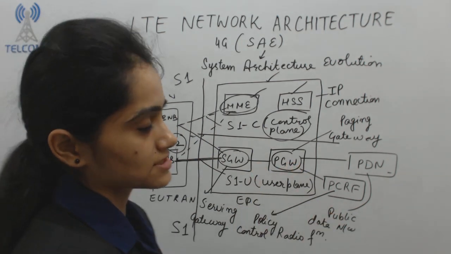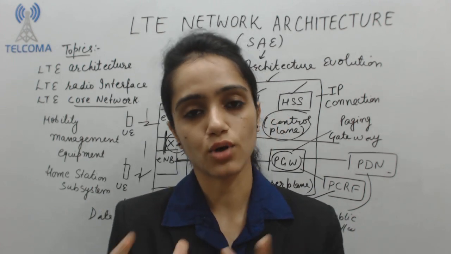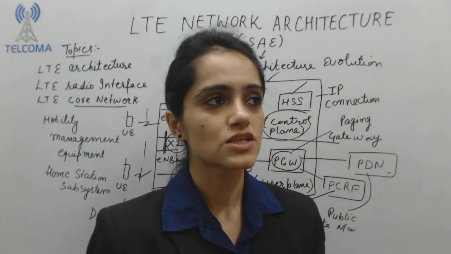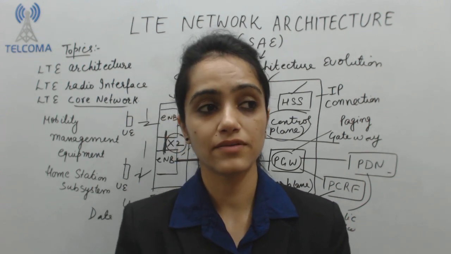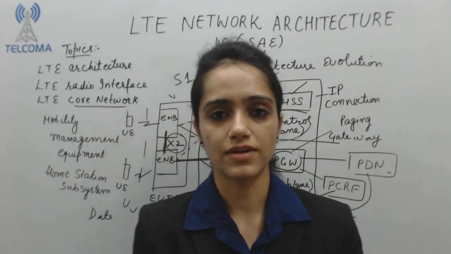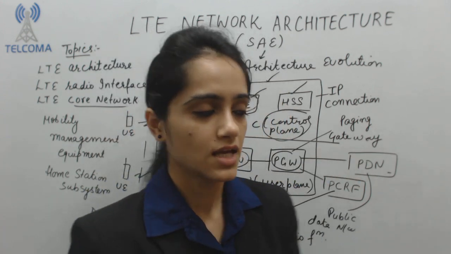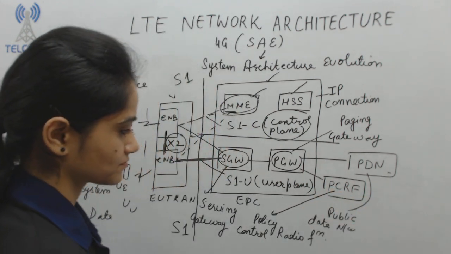Now PCRF, policy control radio function, is there for connectivity for 3GPP and non-3GPP services. That means for handover from one generation to another. For example, if we don't have 4G connectivity, then handover to a different or third generation is with the policy control radio function, and all protocols work on this.